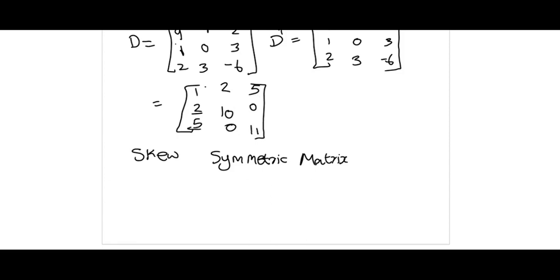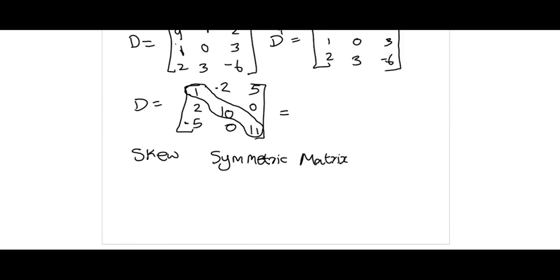Now let's suppose that in this original matrix D, I'm going to leave this principal diagonal 1, 10, and 11. I'm going to leave them the same, and I'm going to make the entries above and beneath it have opposite signs. So if this is -2, here will be +2. This is +5, here will be -5, and 0 has no signs because it's just 0.